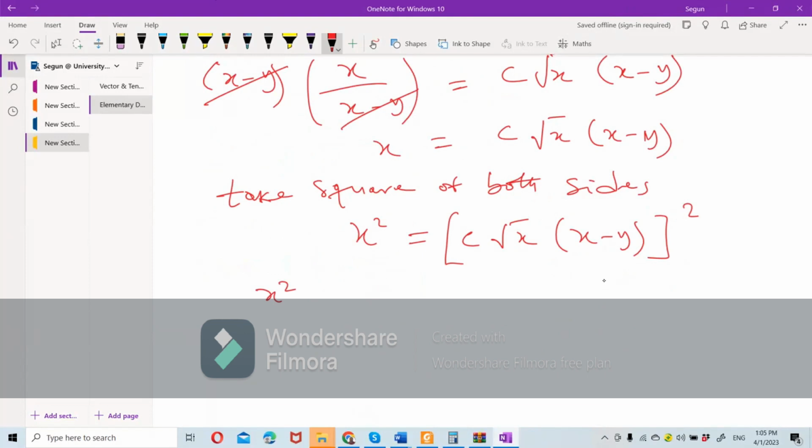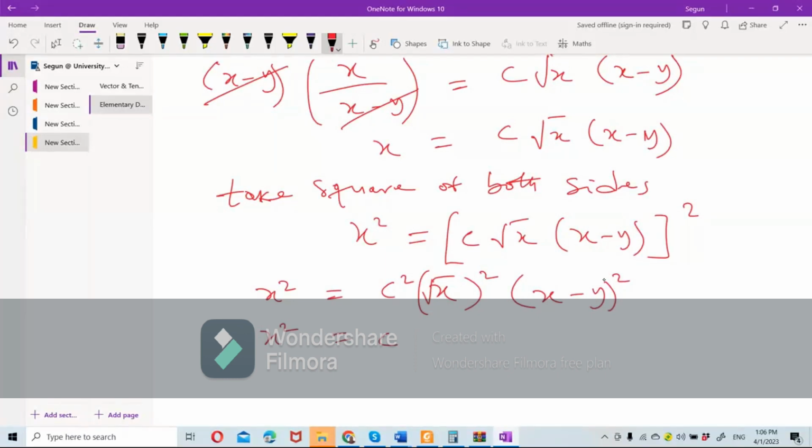So we have x squared equals c squared, remember, this square root is also squared, into x minus y all squared. So that is the breakdown. We have x squared equals c squared. This is x because of this. This is x into x minus y all squared.